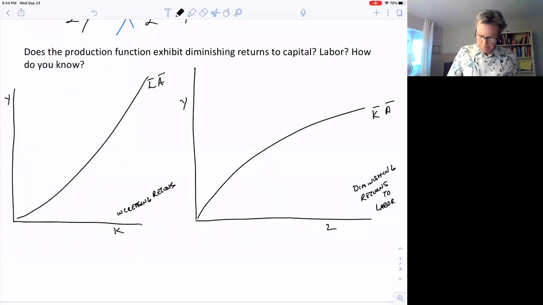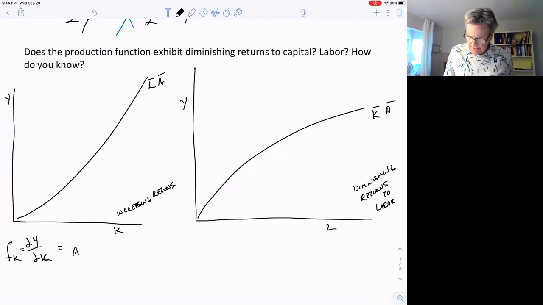Now, if we took the partial over here, we would get partial y, partial k. We would get A times L to the 0.3 times 1.1 times K to the 0.1, which is greater than 0.